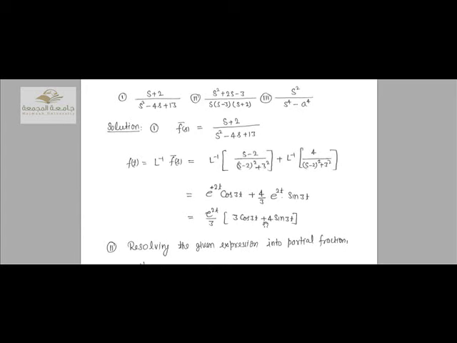So the subtracting portion we have taken as minus 2 and 2 added, so it will become 4. And the denominator we factorize and manipulate like this. So the answer of this will be e to the power 2t cosine of 3t plus 4 by 3 e to the power 2t sine of 3t. So taking e to the power 2t by 3 common, we get 3 cosine 3t plus 4 sine 3t.